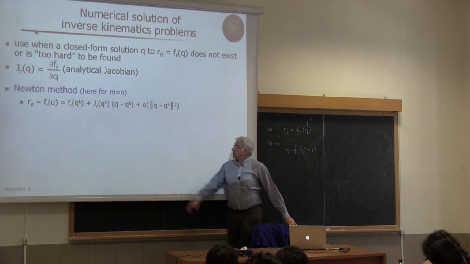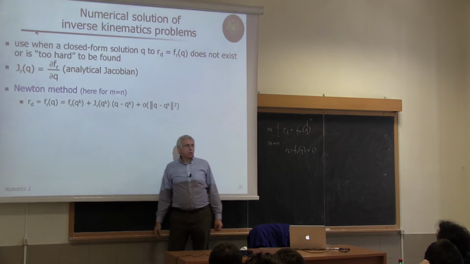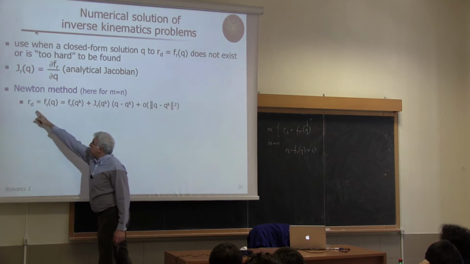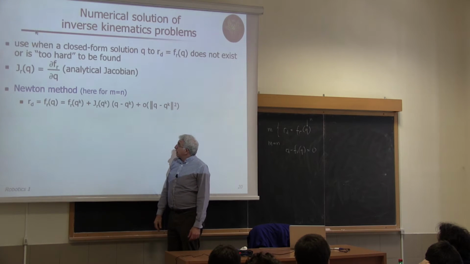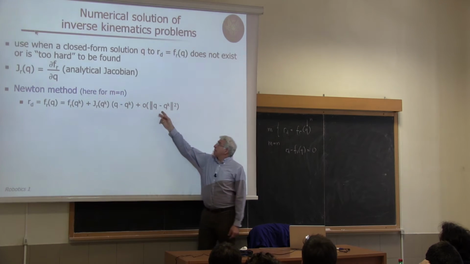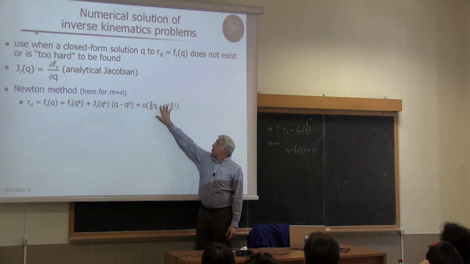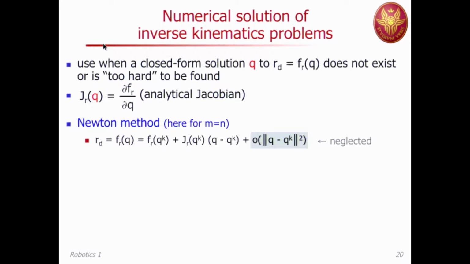But if we assume that we are close enough to where we want to be, such that this equality is satisfied, so we are solving the problem, then we will work only around q^k, so these terms can be neglected because they are second order terms. So if we remove this, we should write here approximately equal to.